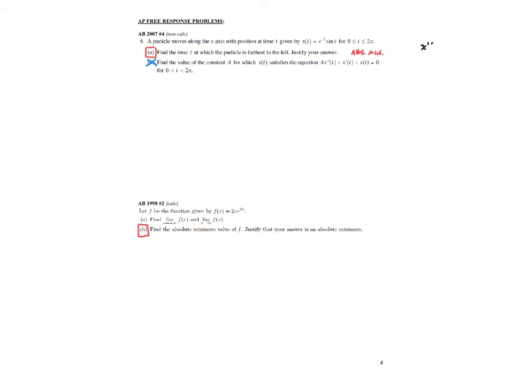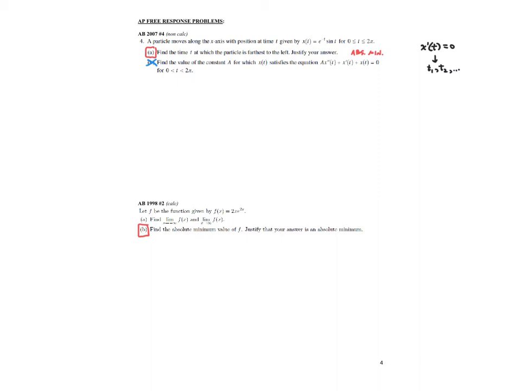So I want to find where x prime of t equals 0, and then at those values, t1 and t2, etc., I want to find out what the second derivative, x double prime of t, would equal.